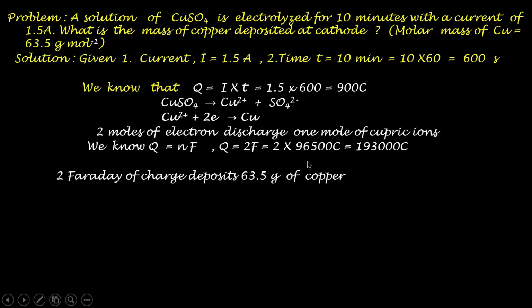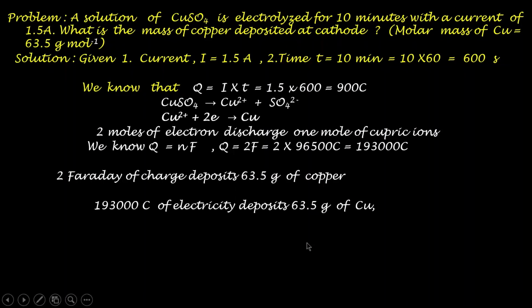But here you are passing 900 coulombs of electricity. 2 Faraday is nothing but 1,93,000 coulombs. So 1,93,000 coulombs of electricity deposits 63.5 gram of copper.